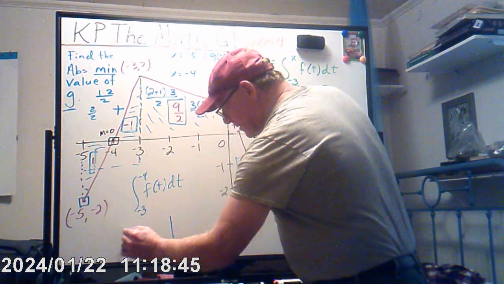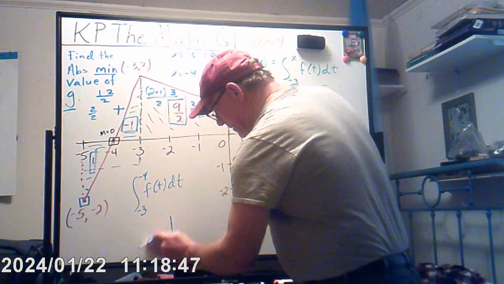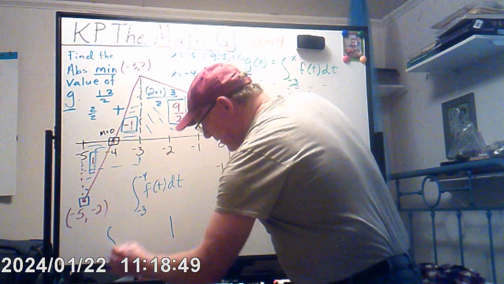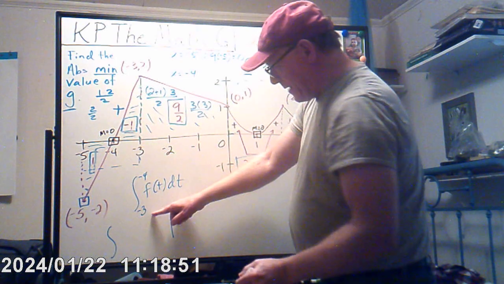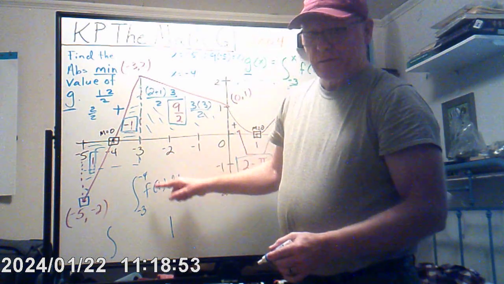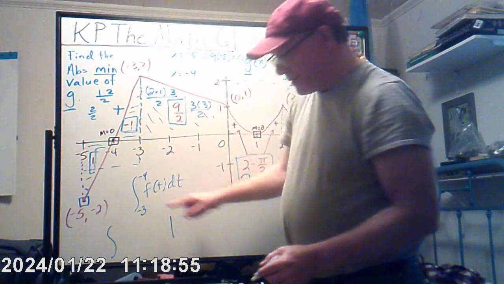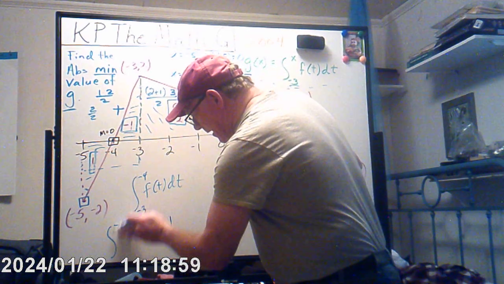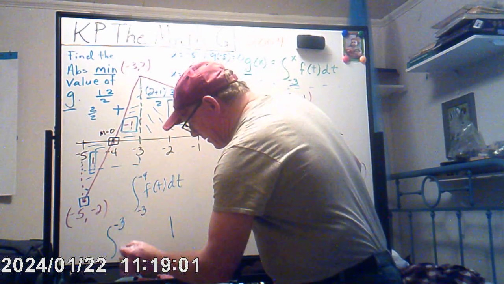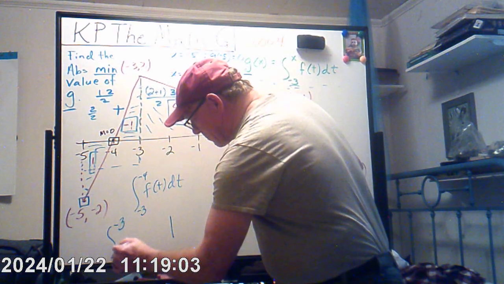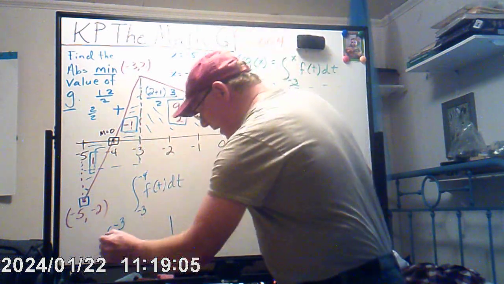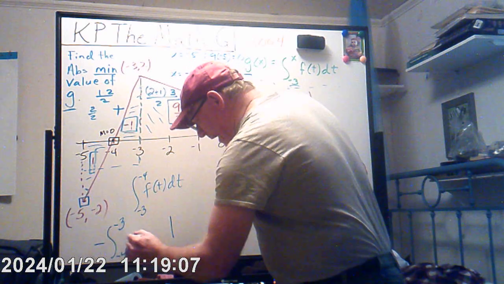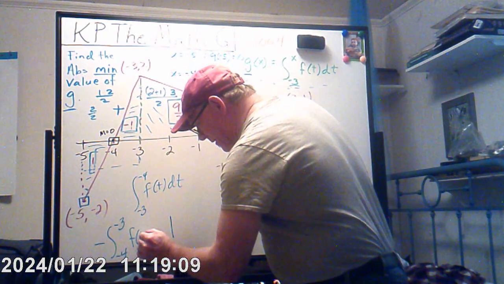Okay, but this is not the right way of writing it. We've got to change that order. Okay, negative 3 up here. The bigger number goes on top, the smaller number goes on the bottom. But when you change that, that negative has to pop out there.